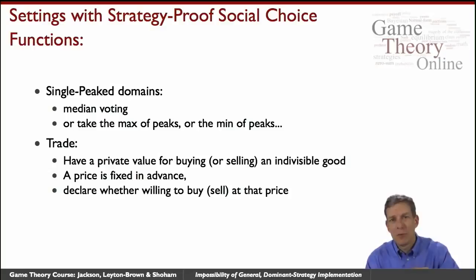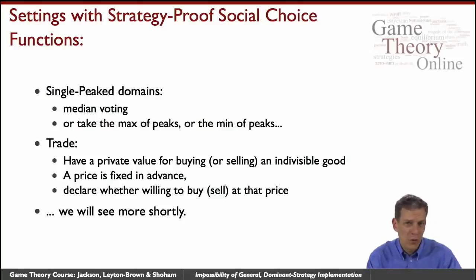And now there's a simple decision. You can't influence the price. All you can do is influence whether you actually trade or not. And so you have an incentive to say truthfully whether you really want to trade or not. Then trade occurs if both of the agents want to trade. So there you can design a dominant strategy mechanism. There are going to be some inefficiencies associated with that. You're not going to have trade occurring in all the circumstances that you'd like, but at least you've got dominant strategies. And we'll take a closer look at these things.